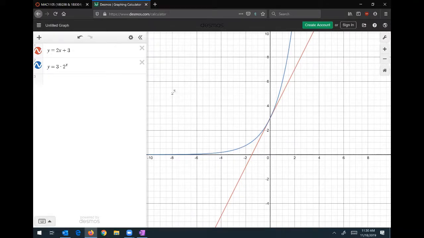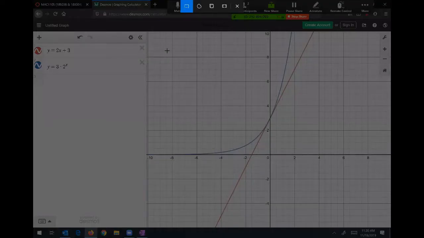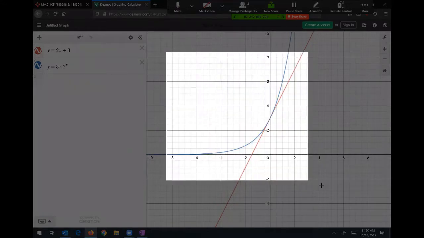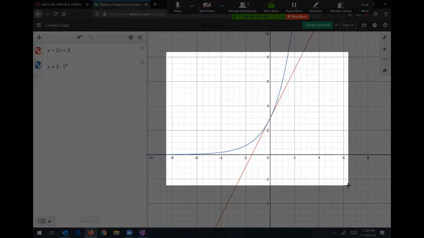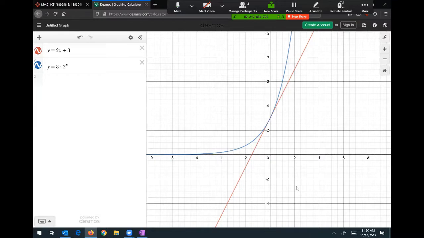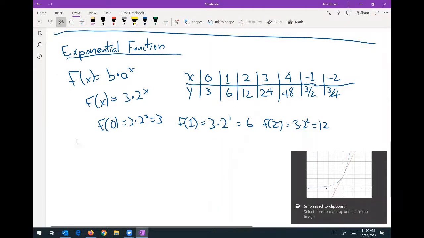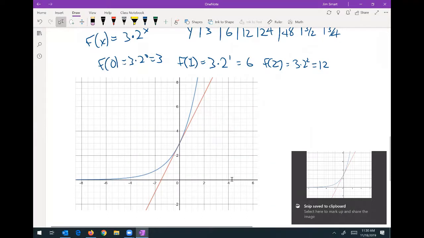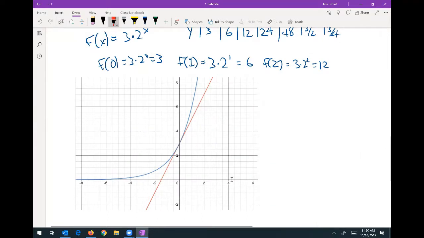Let me throw that in the notes real quick. All right, so the red one is y equals 2x plus 3, and the blue one is y equals 3 times 2 to the x.